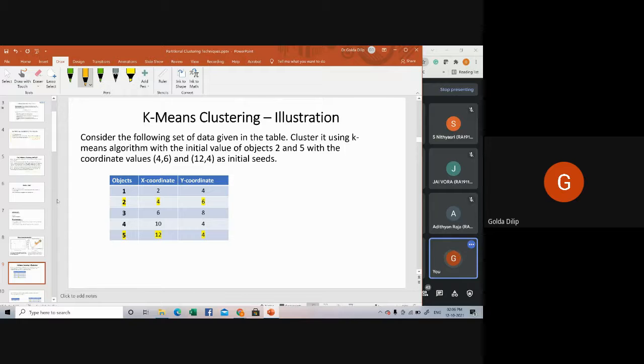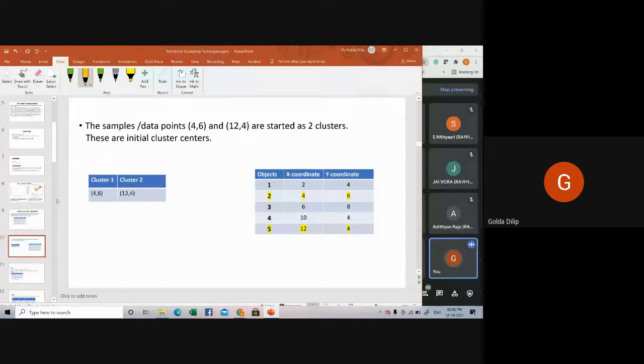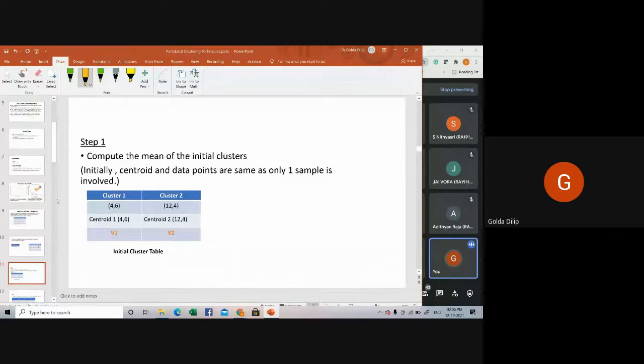The initial seed values are given here: 4, 6 and 12, 4. These are the initial clusters, and the mean is computed; it's only one sample, so it's the same.